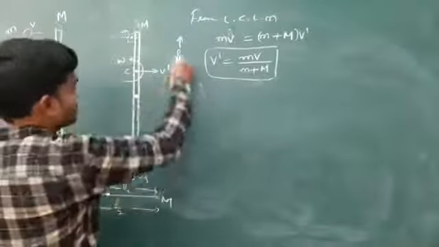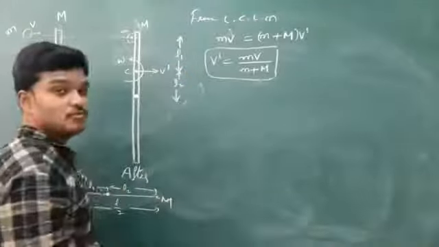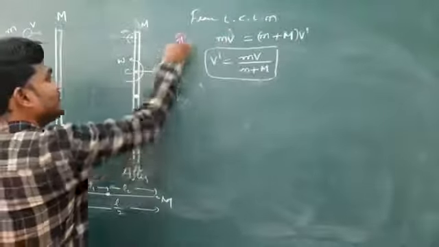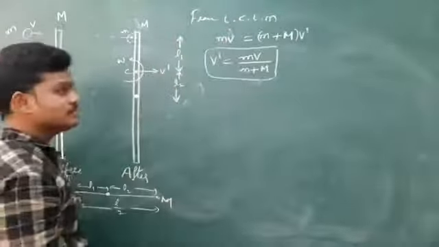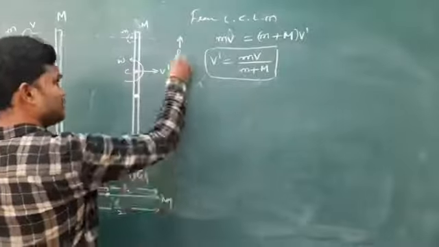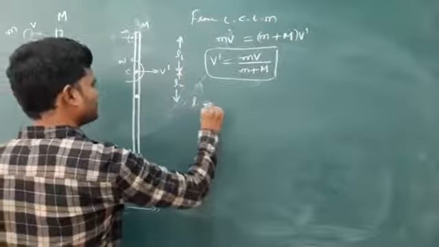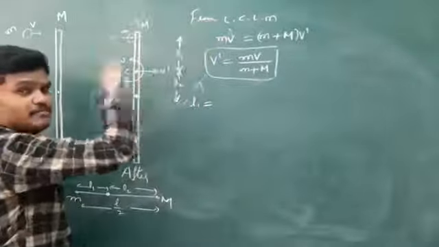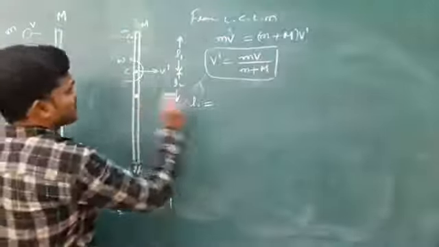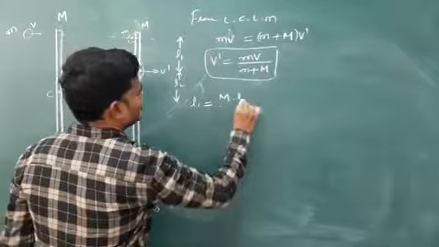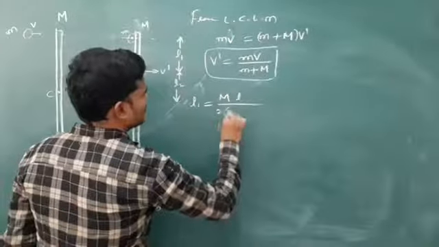And let us get the L1, L2 value, because to find moment of inertia about this center, we need this L1 value, L2 value. So use the center of mass concept to find this L1 and L2. L1 is nothing but M2d by M1 plus M2. M2 is nothing but capital M, d is nothing but L by 2, divided by M1 plus M2.